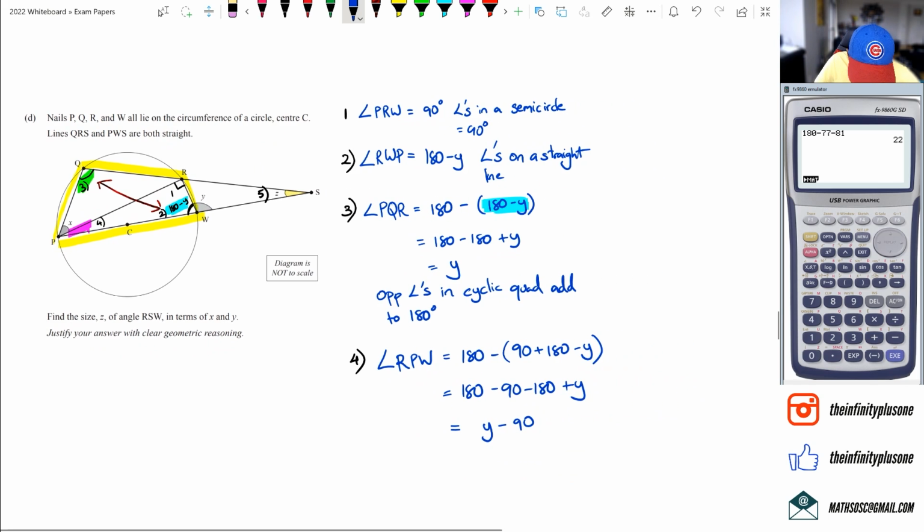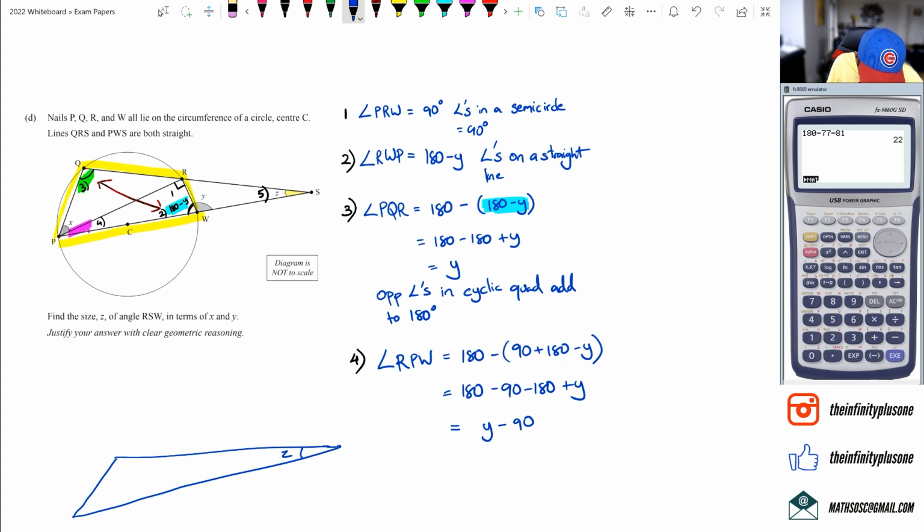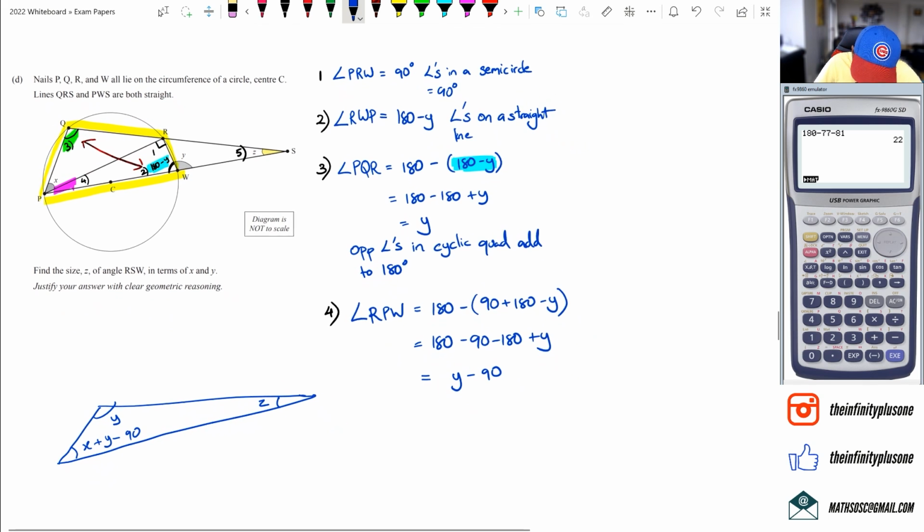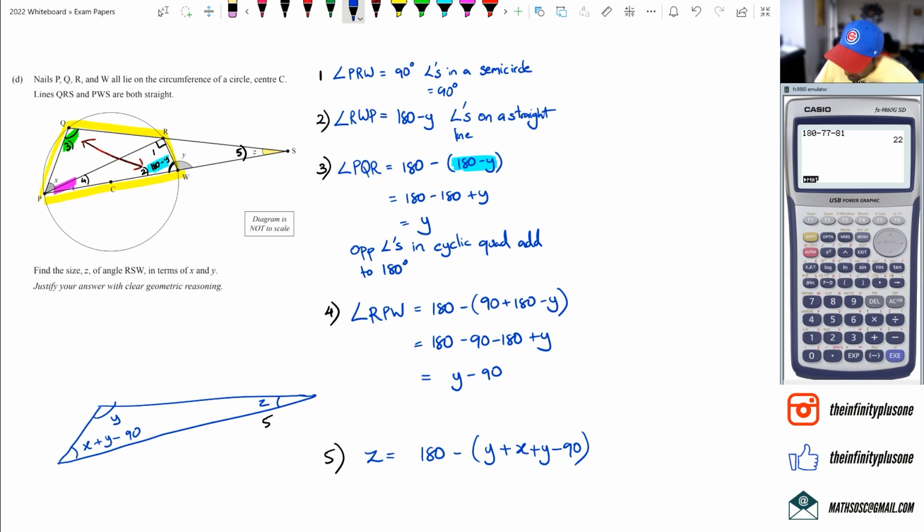Now that we've got all of these different things, I'm going to put them in another little triangle here so you can see it. This is Z. This is angle 3, which happens to be Y. This is the angle at the corner, which is X plus Y minus 90. So then we can say that 5, which is angle Z, is equal to 180 take away Y plus X plus Y take away 90.